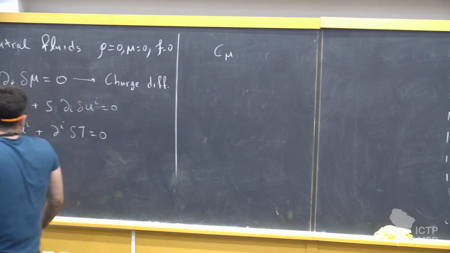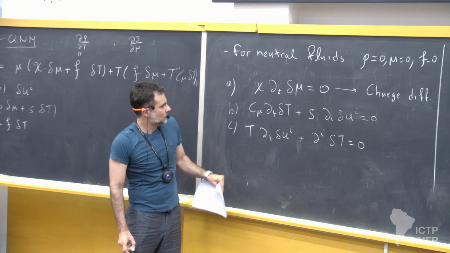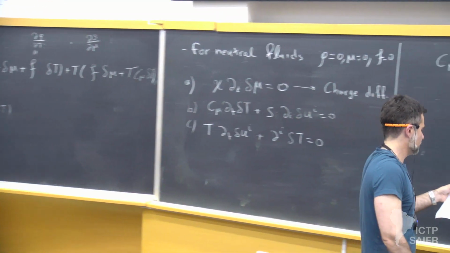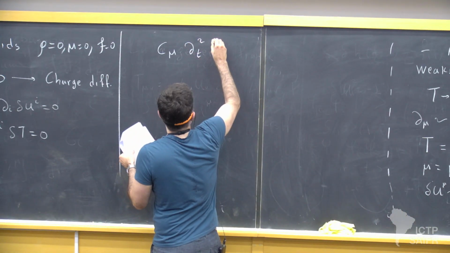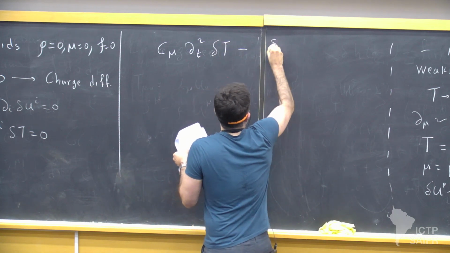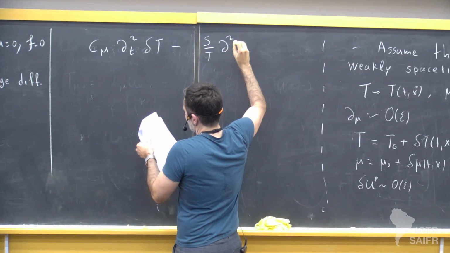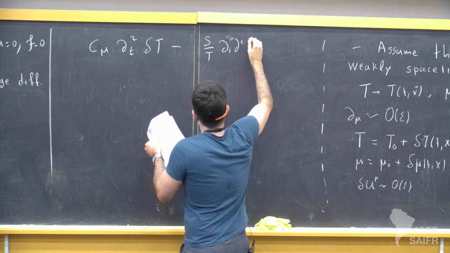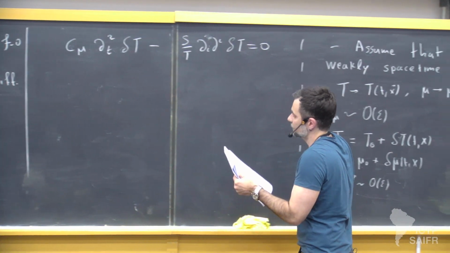So if I take a time derivative of the first equation and the divergence of the second equation, and I combine those 2, I will get that s over nu times the second time derivative of delta T minus s over T times partial i squared on delta T is equal to 0. Okay?